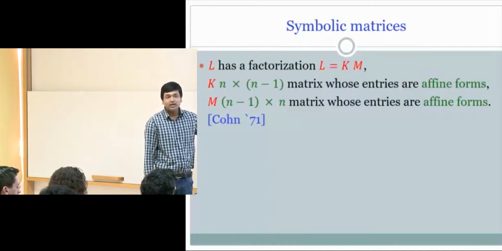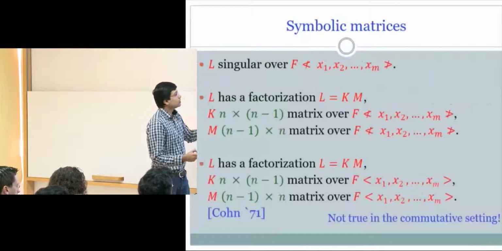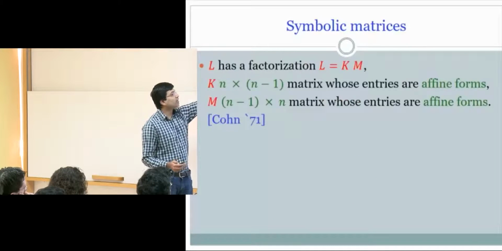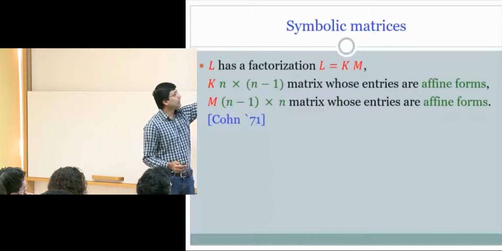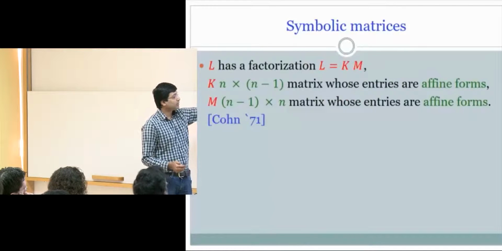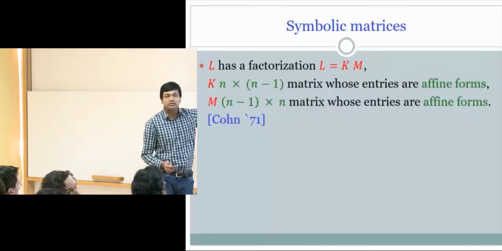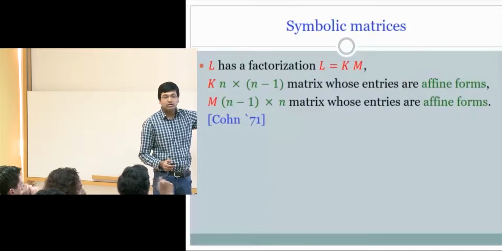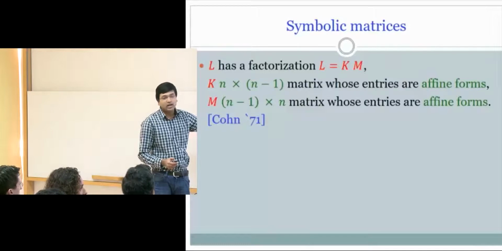So what are the properties of K and M? We are trying to factorize L into K and M. K is an n by n minus 1 matrix, and M is an n minus 1 by n matrix. L has entries which are affine forms in the non-commuting variables. Yes, L is a linear polynomial.